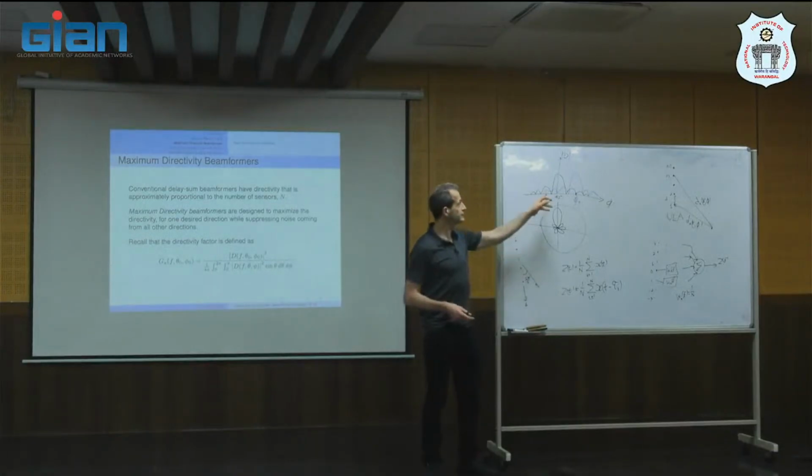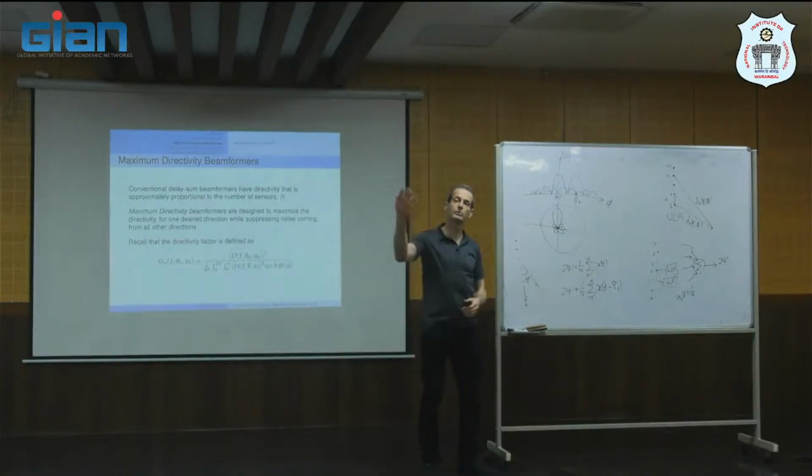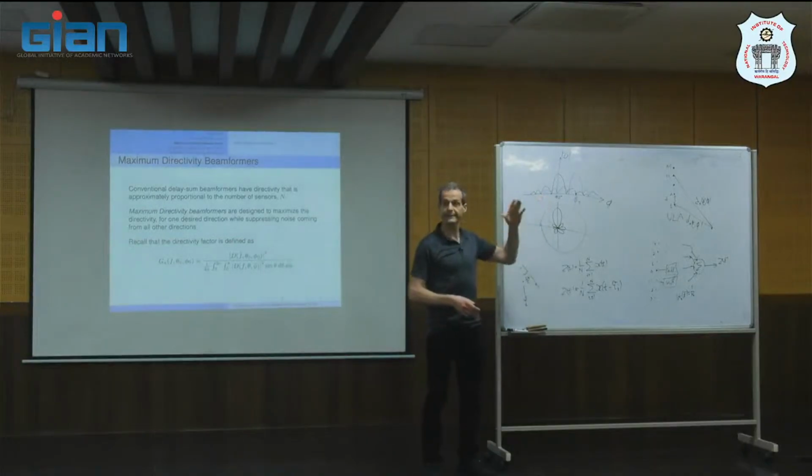But if it's important to keep the null, for example, you know that the null for a certain direction depends on the frequency. So suppose that there is a source that comes from a certain direction and you want to put a null. This is also called null beamforming. And you want it to remain in the same direction for all frequencies.